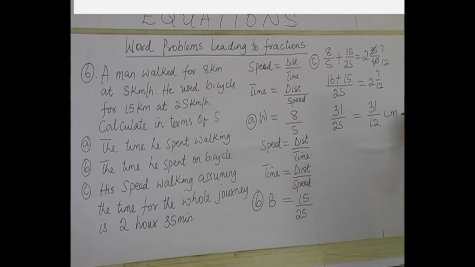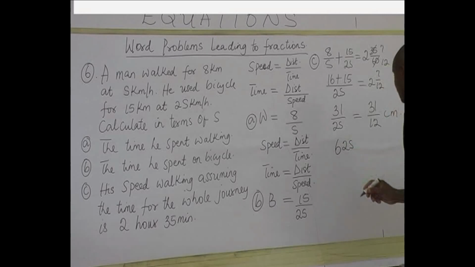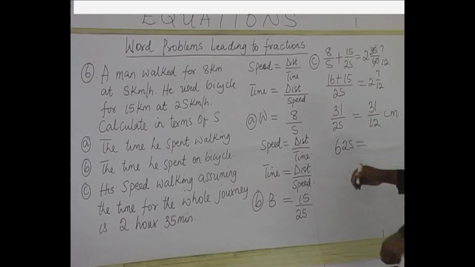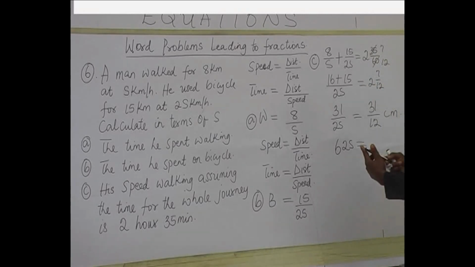We can cross multiply at this level. We are going to have 2s times 31, which will give us 62s, on the left-hand side of the equation, and it's going to be equal to, let's use the calculator and find 31 times 12.